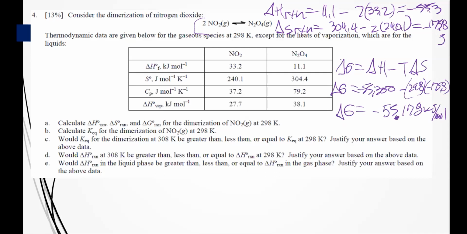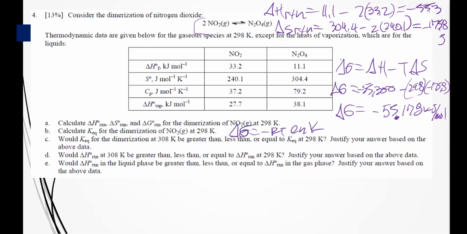And then it wants us to find our K. So how can we use our delta G to find our K? What does that one look like for us? What is it? Negative RT ln K? Very good.